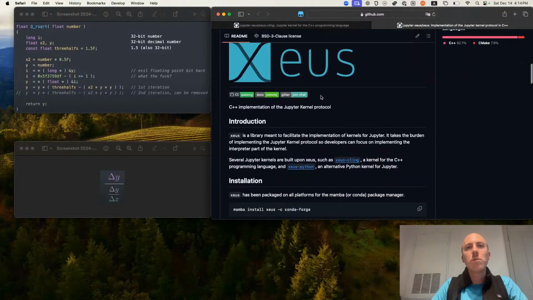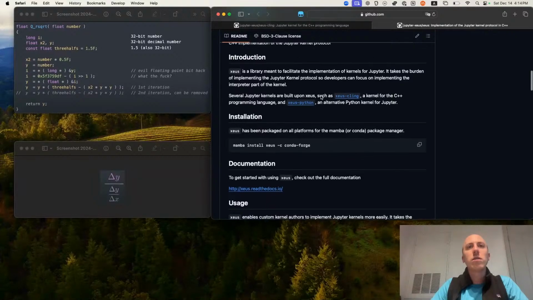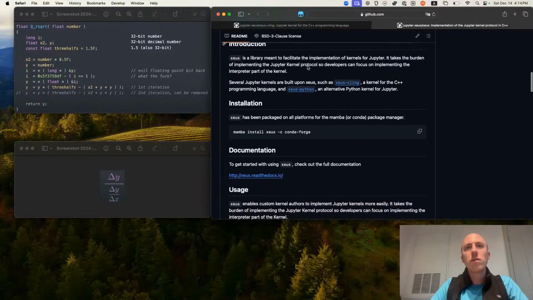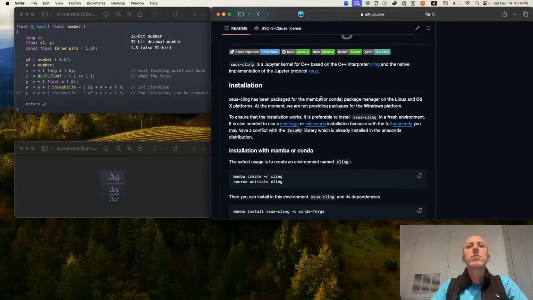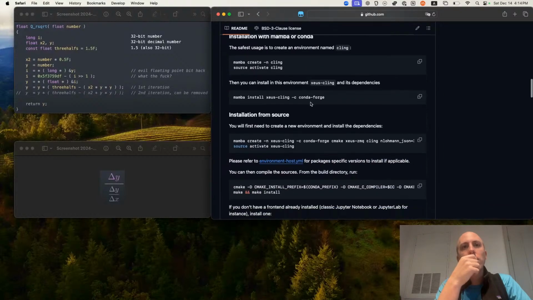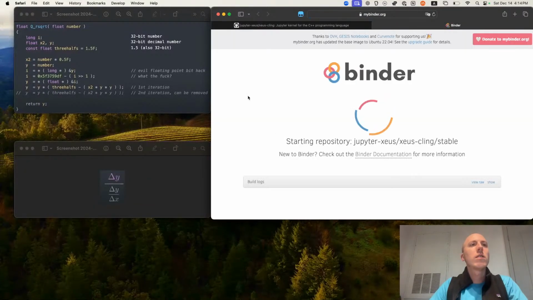C++ implementation of the Jupyter kernel protocol. Interpreter part of the kernel. Oh, nice.